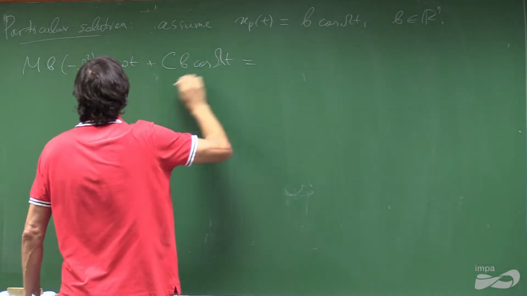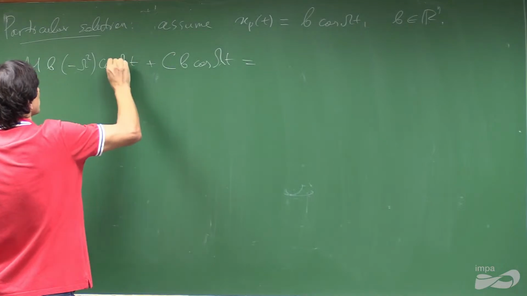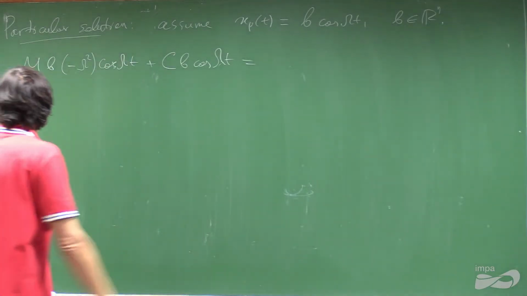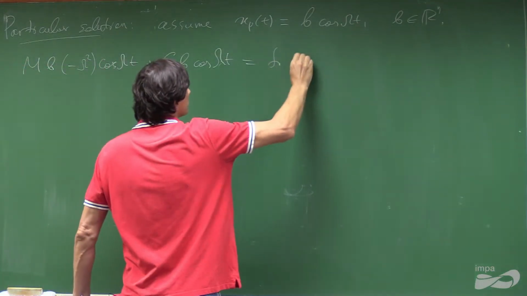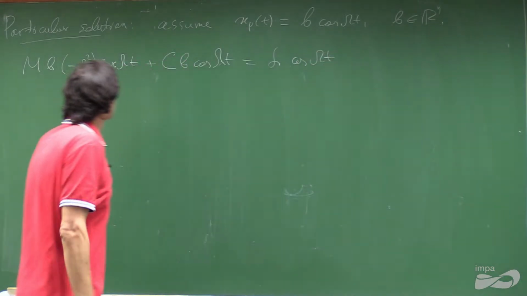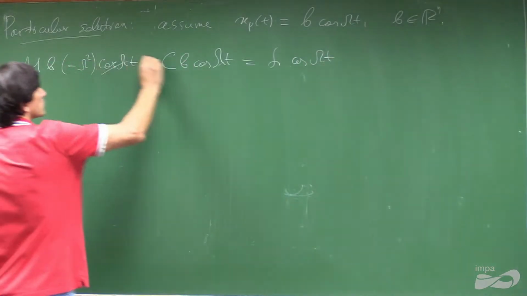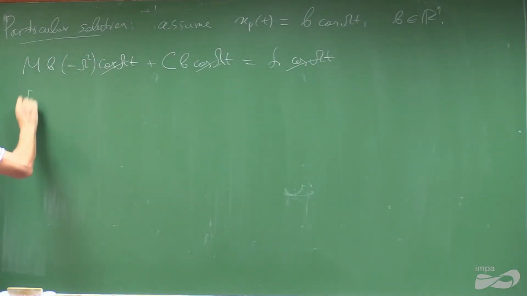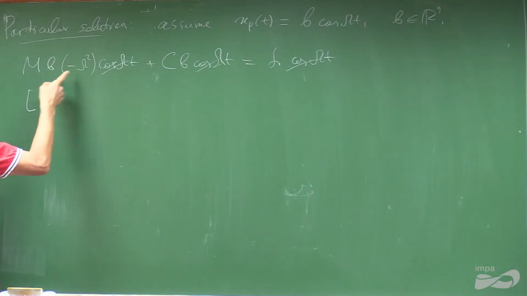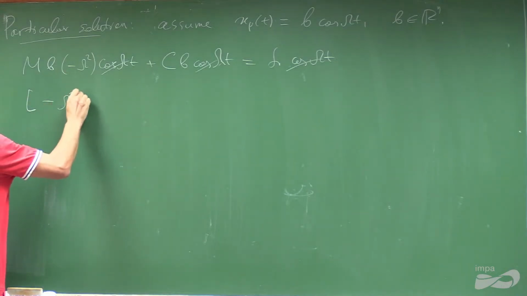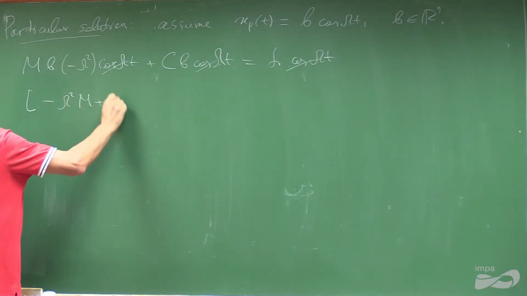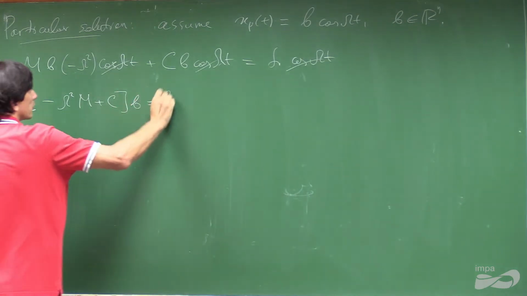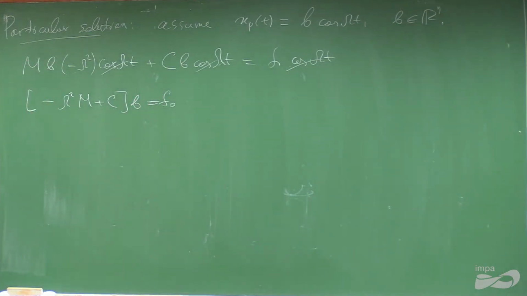The frequency of the force, equal f0 cosine omega t. So it should be satisfied for all times. So this cancels, and at the end we have minus omega squared m plus c, times b, equal f0. So what we have, we can solve.